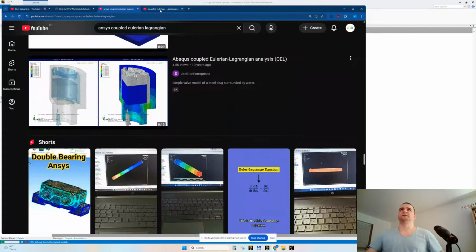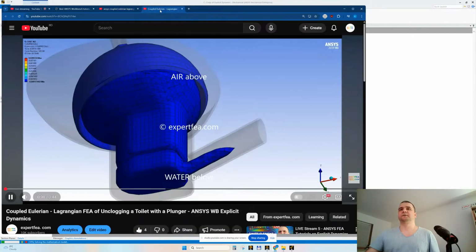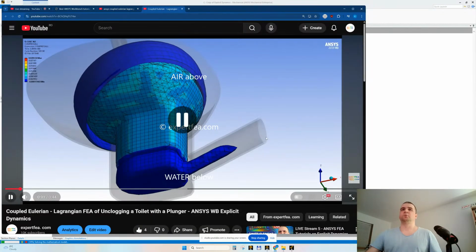So look here, this is a pretty complex simulation. We have a toilet plunger made of rubber, like a rubber suction cup, and it will push this mass of air. This is air.